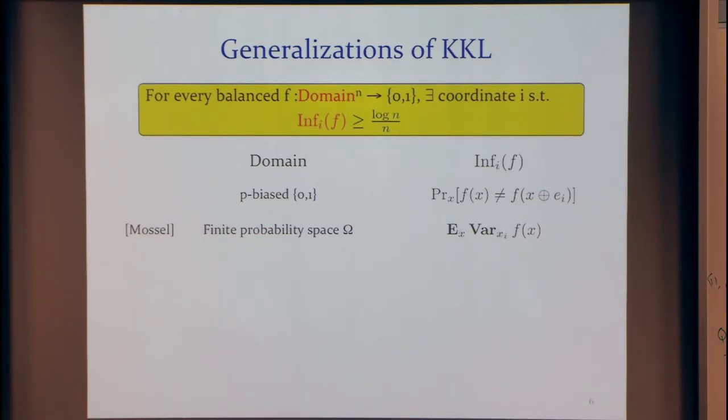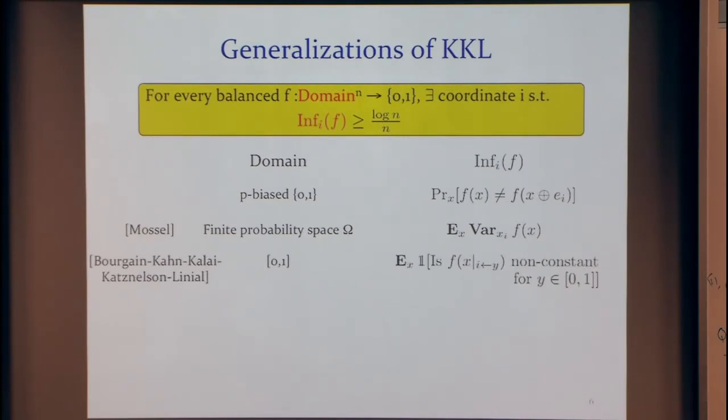In the continuous case, there's a result by Bourgain et al. where you look at the function where the domain is the continuous interval [0, 1]. We'll use the definition of influence whether the function is non-constant along direction i.